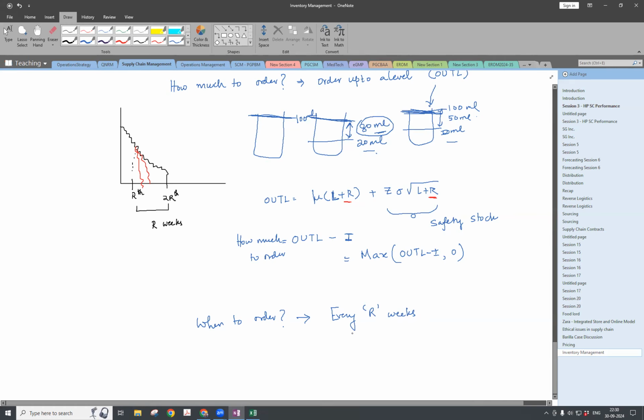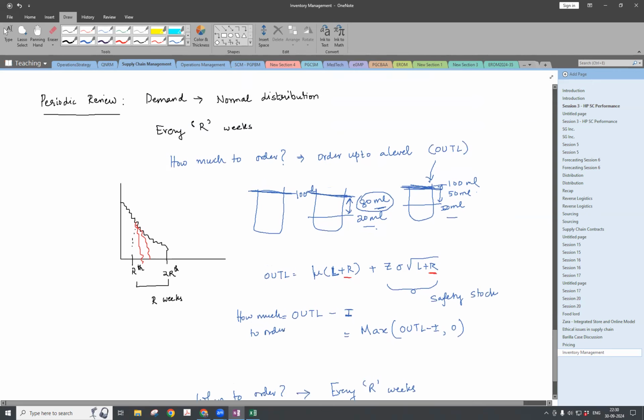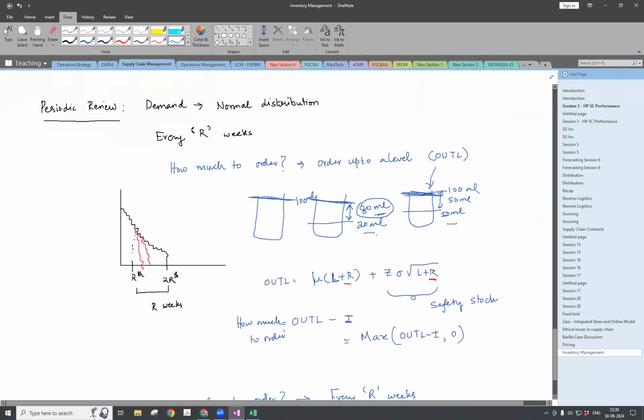So that is a different way of saying that we are ordering every R weeks. Whether we are ordering a 0 value or a positive value, we are saying that we are ordering every R weeks. So this is the policy that we follow when we have periodic review, right?